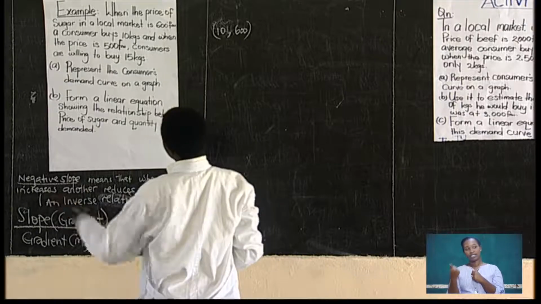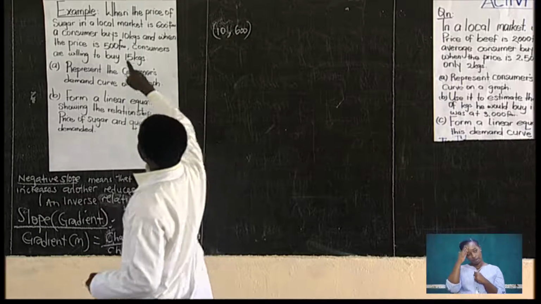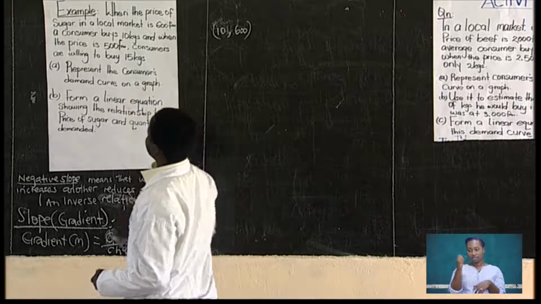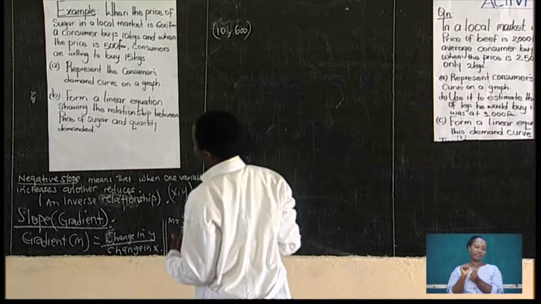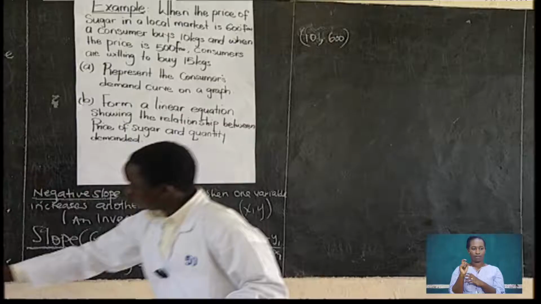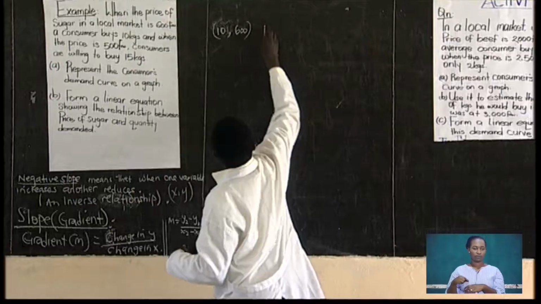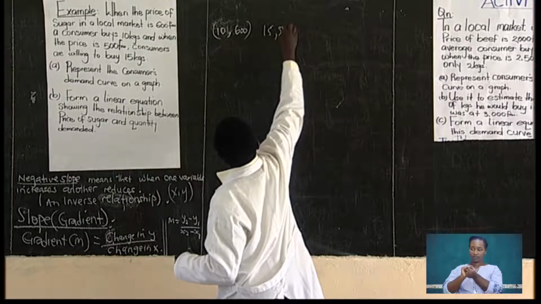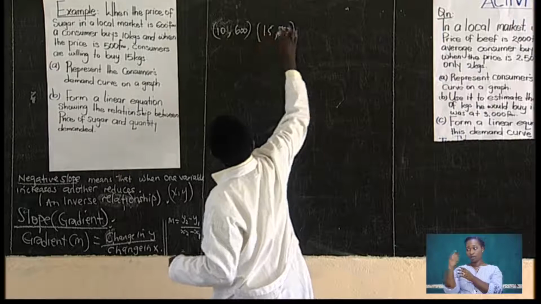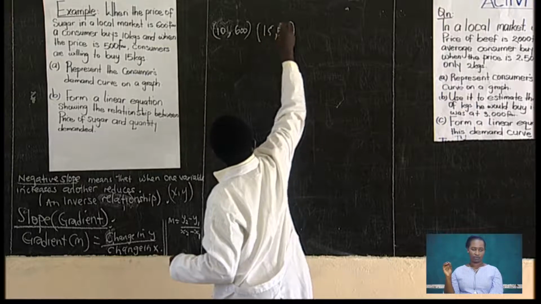Then again, when the price was 500, quantity demanded was 15. Begin with the x coordinate, and remember for x coordinate we have quantity. So 15 kilograms were demanded at 500 Rwandan francs.